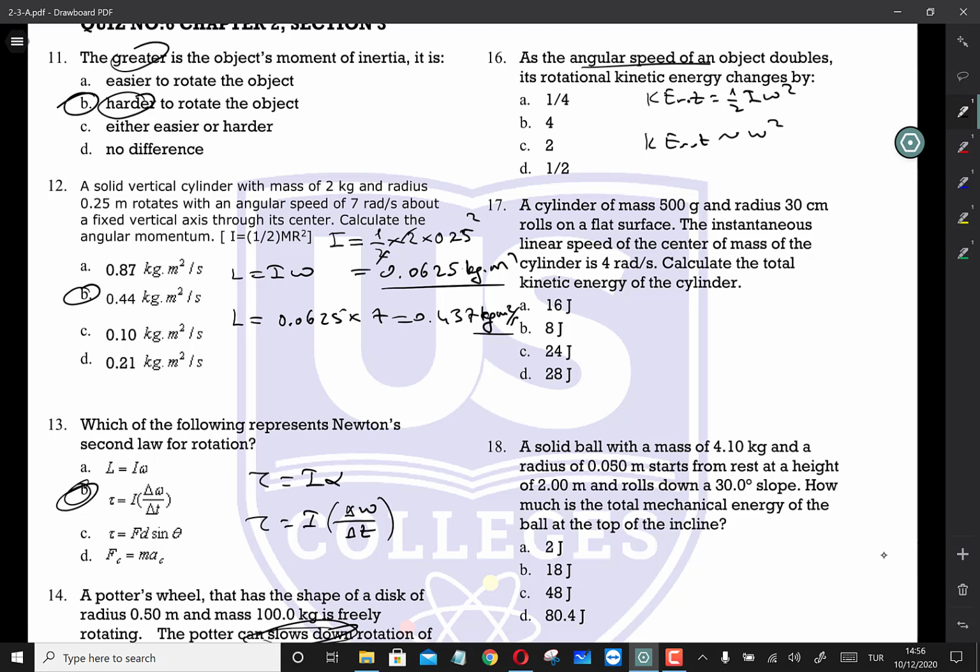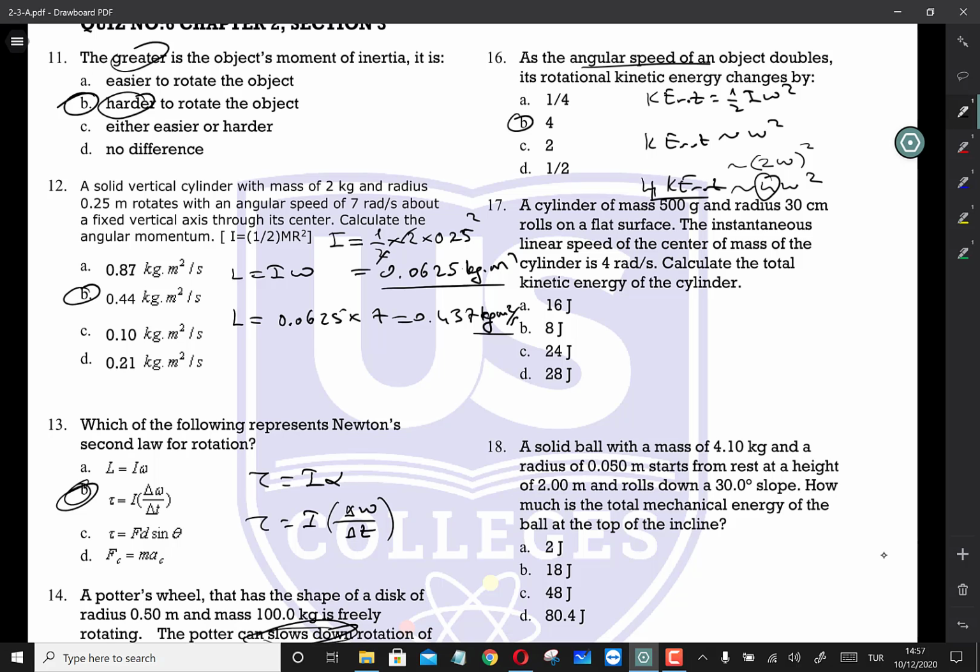If omega is doubled, so 2 omega, you should square not only omega but 2 as well, so it becomes 4 omega squared. If the right side increases by 4, the left side also increases by 4. That's why 4 times rotational kinetic energy. So answer is B. Rotational kinetic energy changes by a factor of 4.